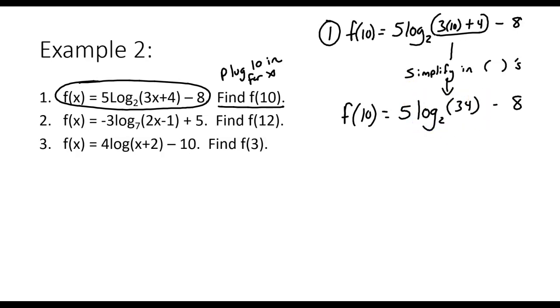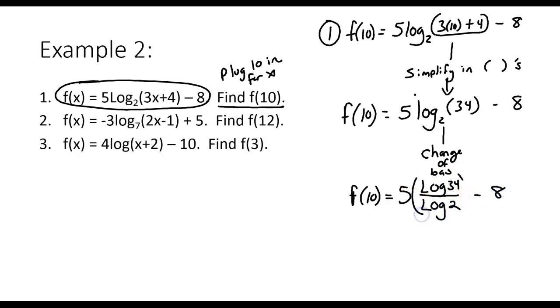Okay? So now we're going to do the change of base formula. So the 5 is going to stay there. And this whole thing here, that's going to become log 34 goes on top, 2 goes on bottom. I'll put it in parentheses just so it's a little bit easier to see here.